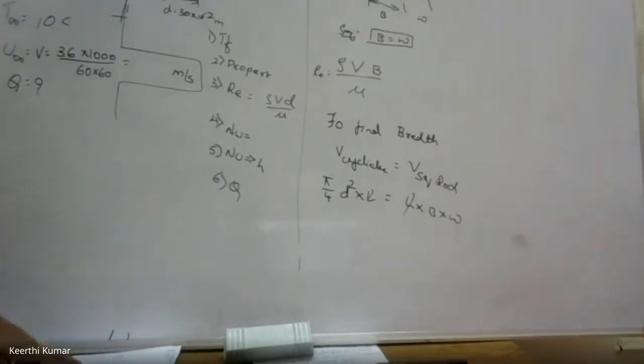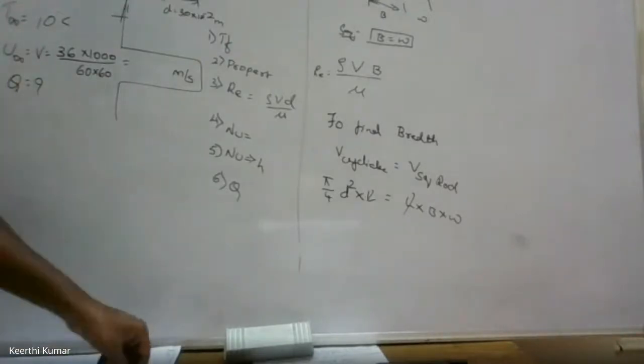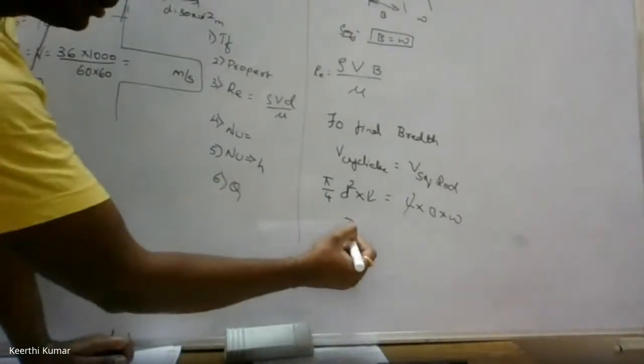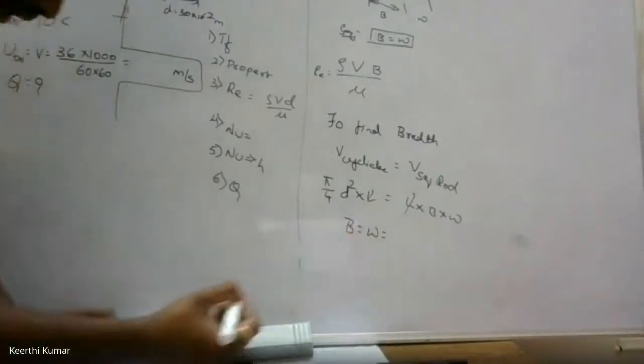What is the value of B? That is equal to W is equal to, shall I write the answer? 0.265 meters.